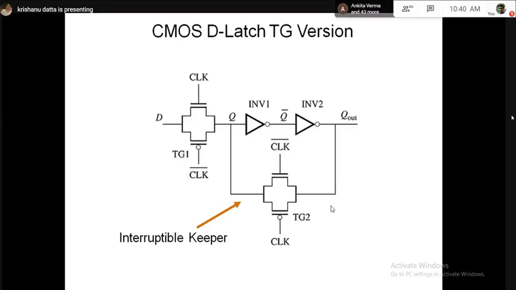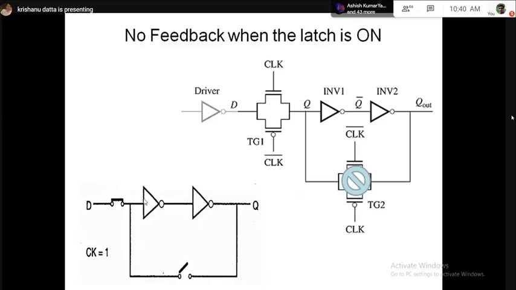So now let me explain. This type of configuration is called interruptible keeper. It will be very clear why it is called interruptible keeper. Because, follow carefully. Let's say when the latch is on, meaning clock equal to 1, clock bar is 0, the input switch is on. You can see it's like an on switch. This picture is more like a symbolic picture.